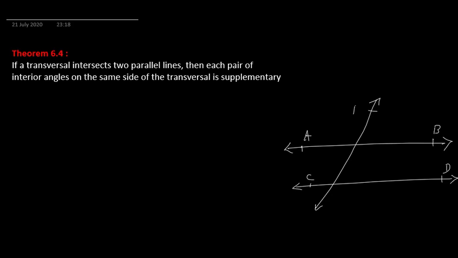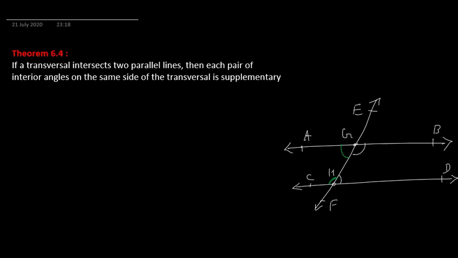Suppose this is transversal EF and it intersects AB and CD at two distinct points G and H, then I have to prove that angle BGH plus angle GHD, their addition is 180 degrees. In the same way, we have to prove that angle AGH and angle GHC, their addition is 180 degrees. So that is, interior angles are supplementary.